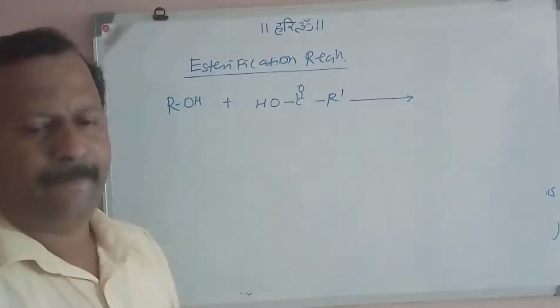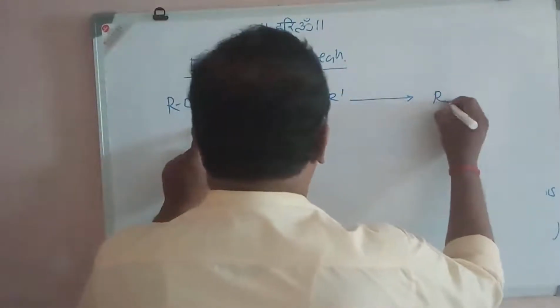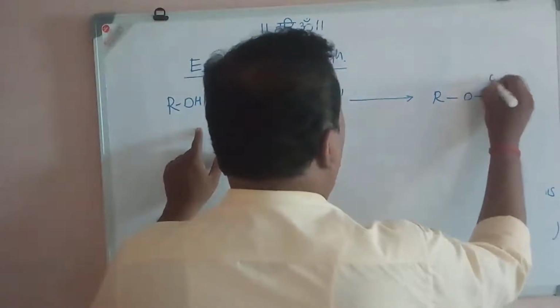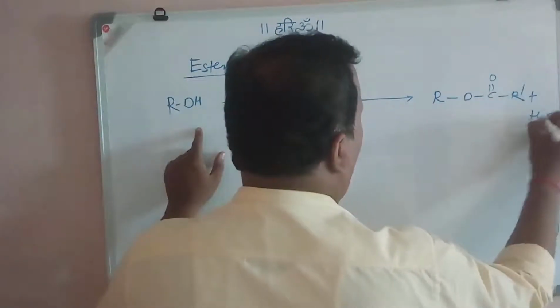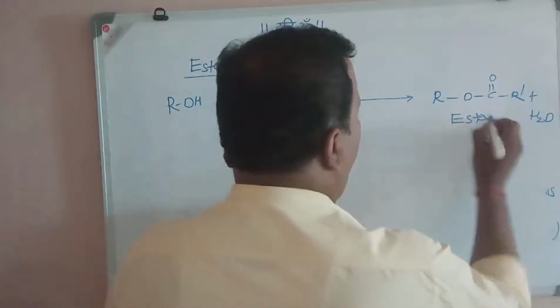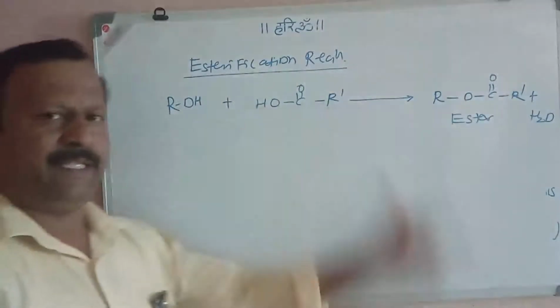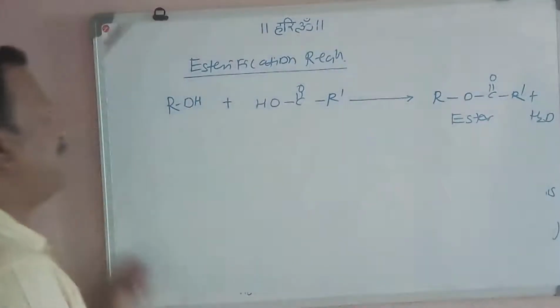Here we get the corresponding compound, R'COOR, with the formation of H2O as the byproduct. In this way we get the corresponding esters when alcohols react with carboxylic acid, and the reaction is called esterification reaction.